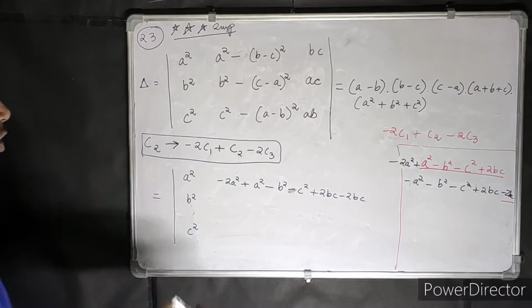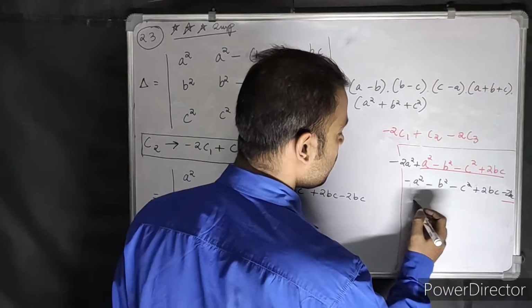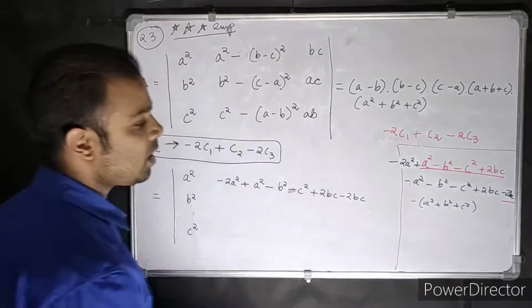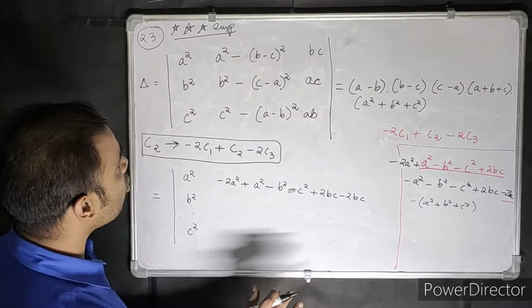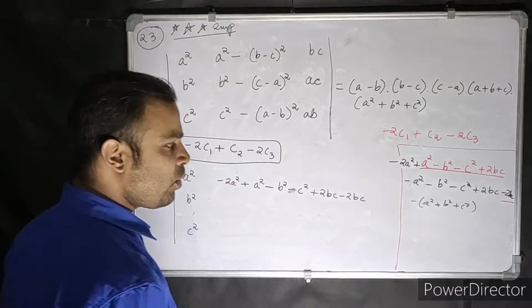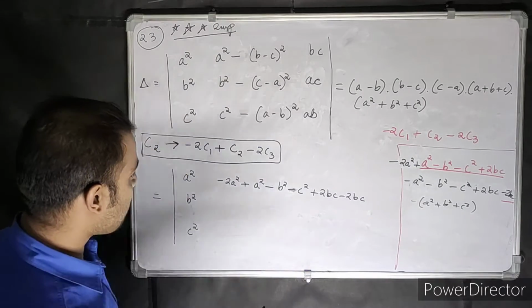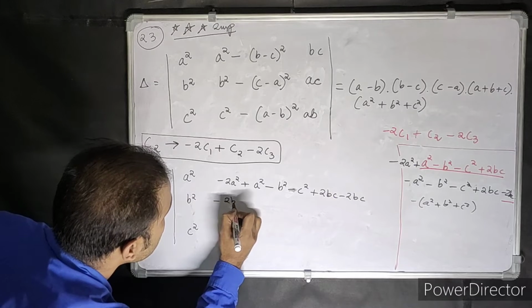Okay, it's going to be so long when you do the multiplication. But if you want to make it short, you can write a square plus b square plus c square, taking the negative common. Okay, that's up to you. I want to show it expanded for the students who are a little bit slow to understand, but it doesn't matter. That doesn't mean they're always going to be slow. They will become fast one day also.